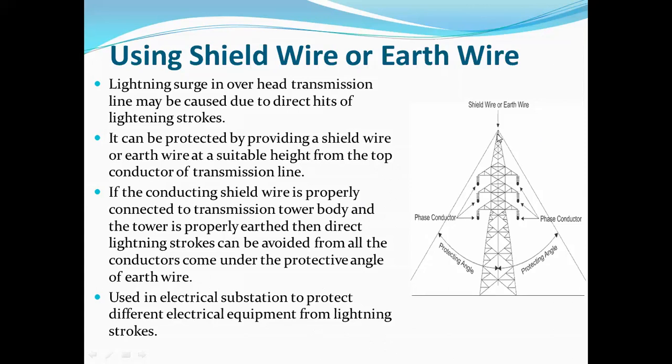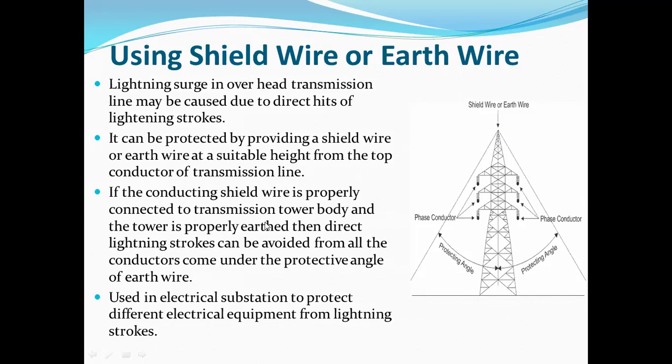I think in examinations they may ask you such a question, that the top line of the transmission tower is also called the earth wire, neutral wire, or shield wire. Okay. So by using this line we can simply protect that tower, whatever is coming under its protective zone. So everything is protected here.